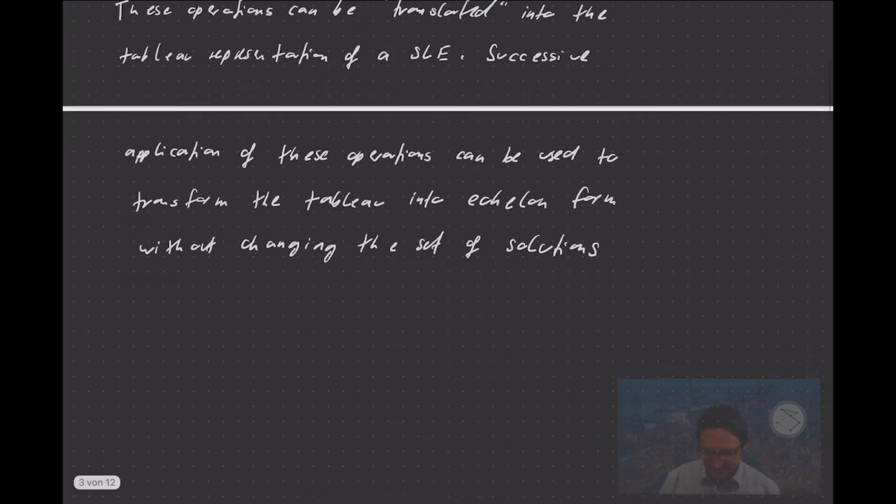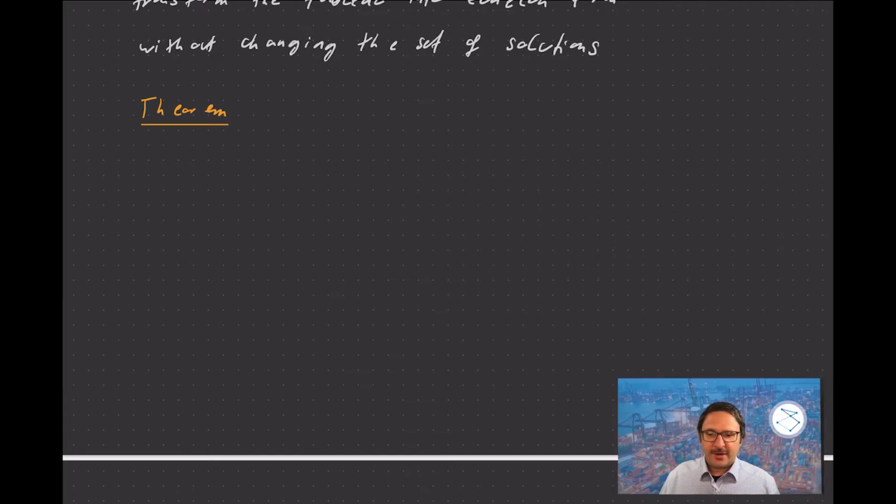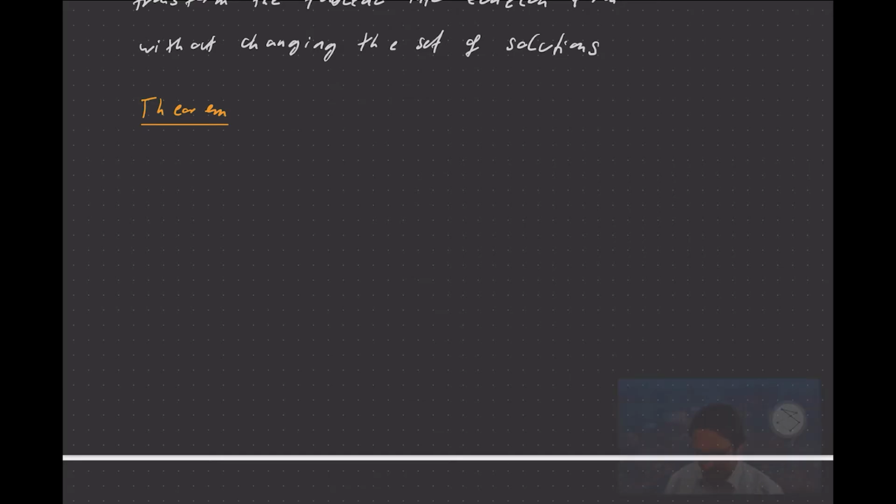Let's sum this idea up in a theorem before we see it in practice. So for a system of linear equations in tableau form, there's a number of row operations that leave the solution space unchanged. We'll just list that in tableau form now.